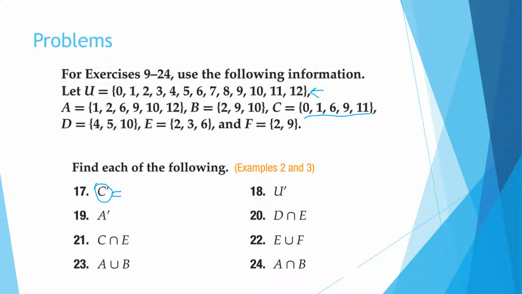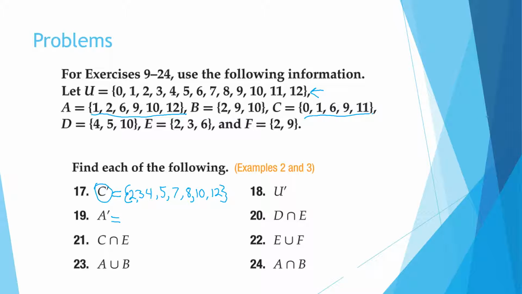So here it equals, and now I'm going to use set notation. 0 is in C, 1 is in C, so I start with 2, 3, 4, 5, 6 is in C, 7, 8, 9 is in C, 10, 11 is in C, so I end with 12. I will do the same thing with A. If I look here, this is what A is, and you can do that on your paper.